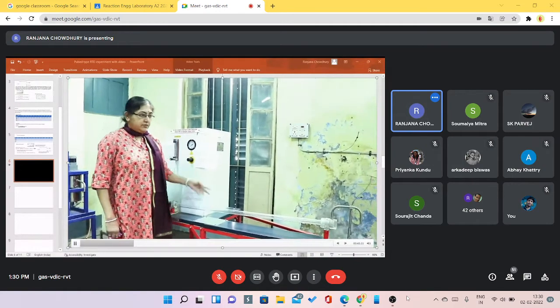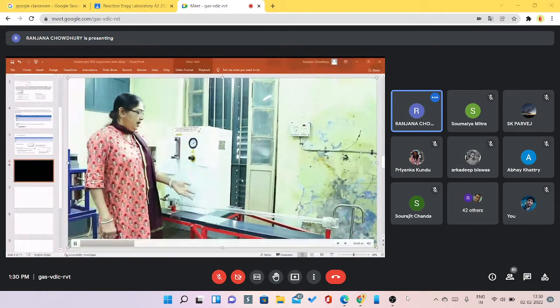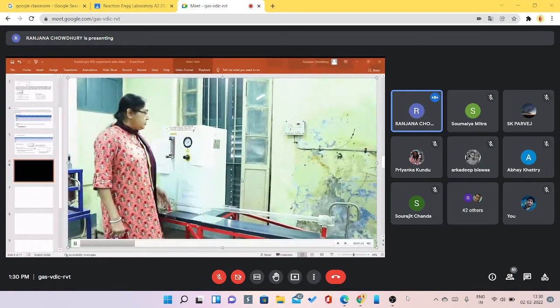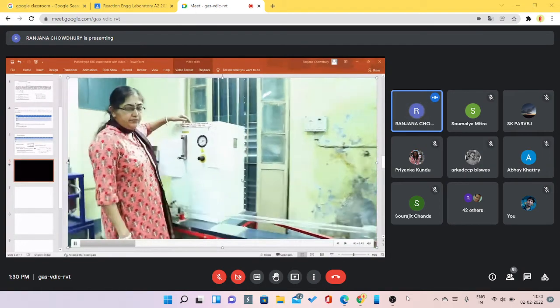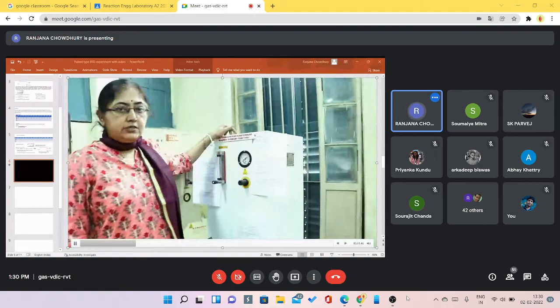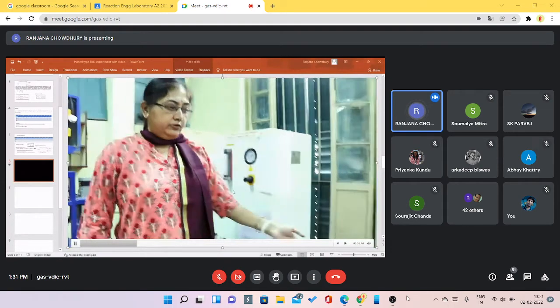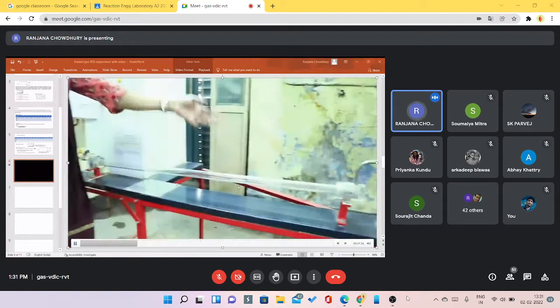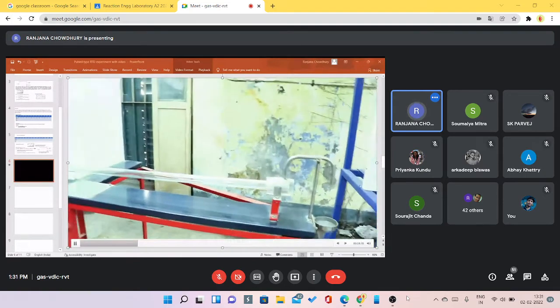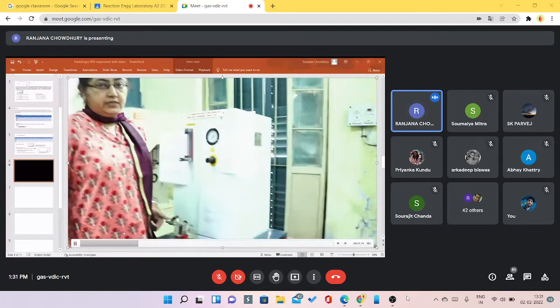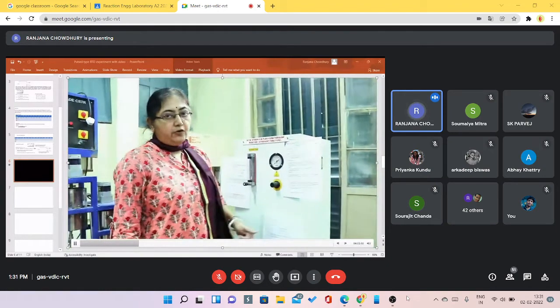So first, you can see this apparatus. There is a tank which holds water. First, the water will be flowing through the tube, and then at a particular time, you will inject some H2SO4 into the system.